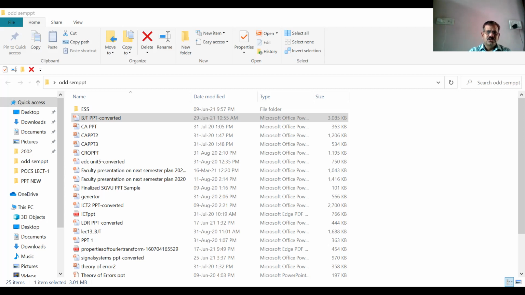There are two types of BJT. The first one is the PNP transistor and the second one is the NPN transistor. In a BJT, the following points are to be noted. There are two junctions, whereas in a UJT there is one junction.